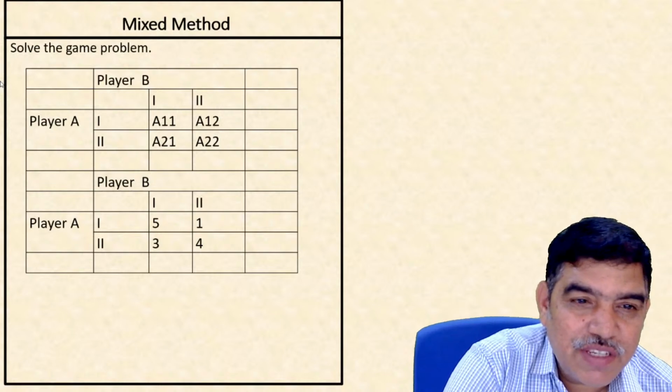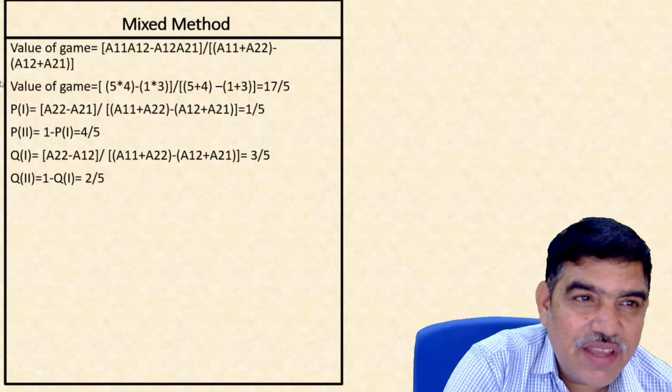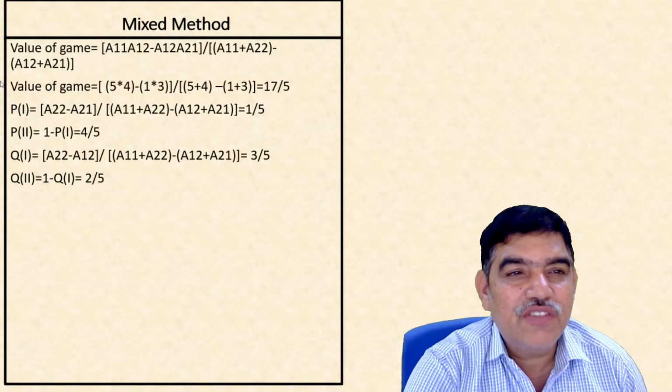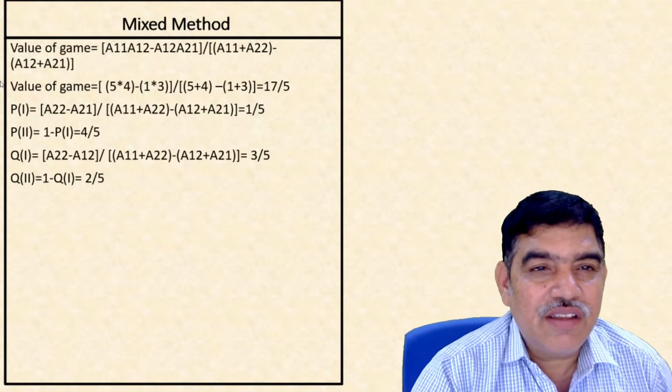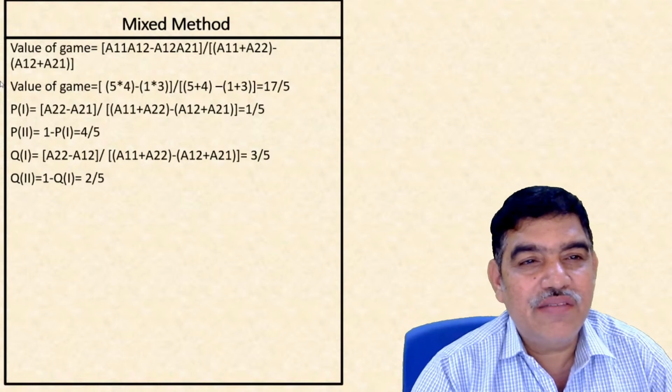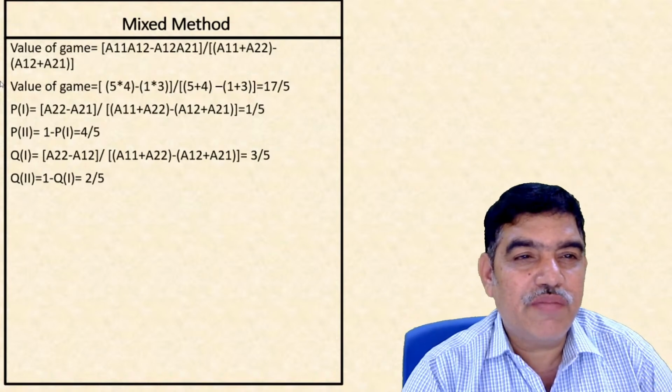Here in this example, it is mentioned as 5, 1, 3, 4. Then, what is the value of game? By using this formula, we can calculate the value of game directly without applying the shortcut method.